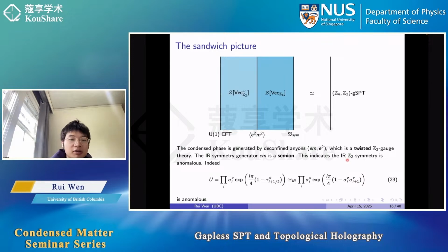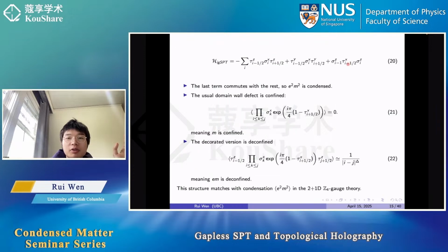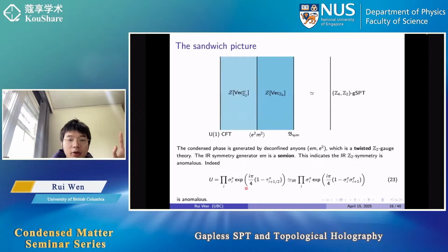And indeed, if you start with the symmetry generator, in the ground space this is 1, which means you can replace tau x with a product of sigma z. We do that, we replace tau x with a product of sigma z, we get this, and this is anomalous. This is a standard anomalous Z2 action on the Levin-Gu Hamiltonian.